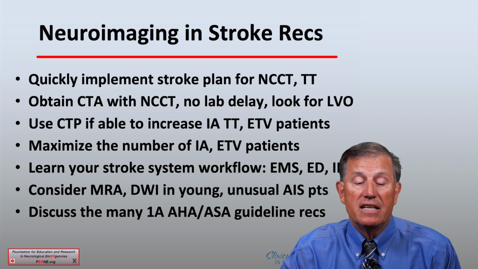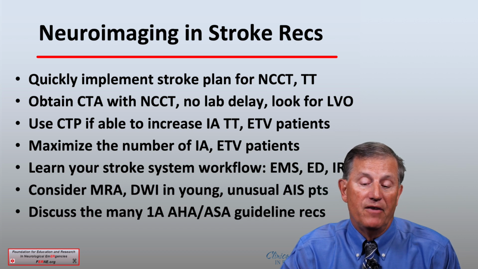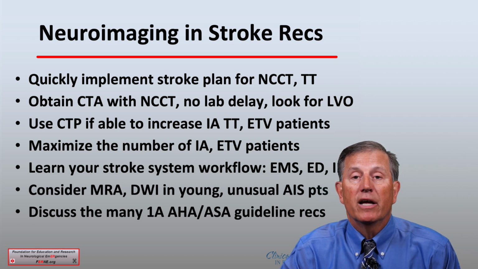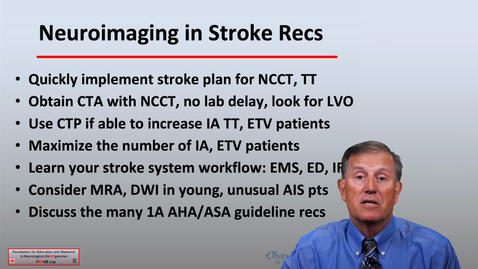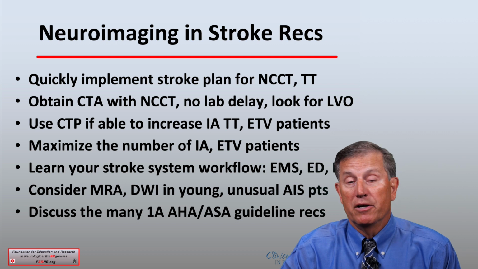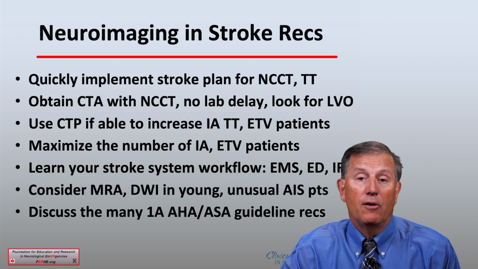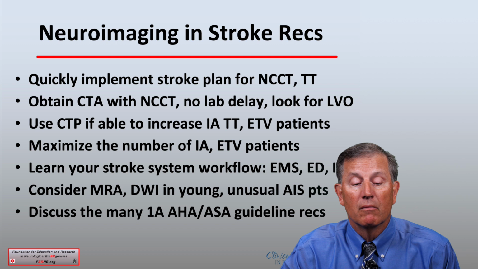Next, use CT perfusion if it's present and available and feasible, if you're considering increasing the number of patients who may go for endovascular therapies between 6 and 24 hours, including intra-arterial thrombolytic therapy and or clot removal.